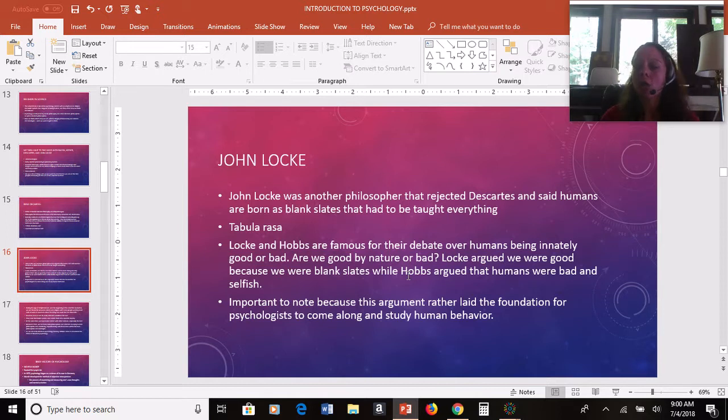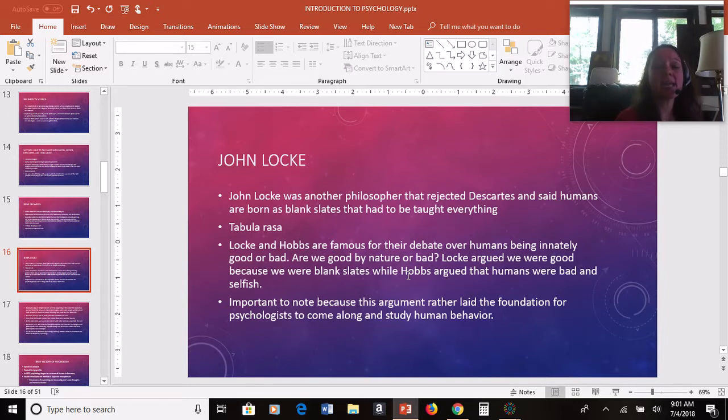Inherently, Locke argued that as human beings we're good by nature because we're born blank slates, and it's society that then causes us to go more into negative behavioral patterns. Hobbes was on the other side, and he said, no, by nature, human beings are bad, greedy, and selfish, and we see that reflected in how society is made up.